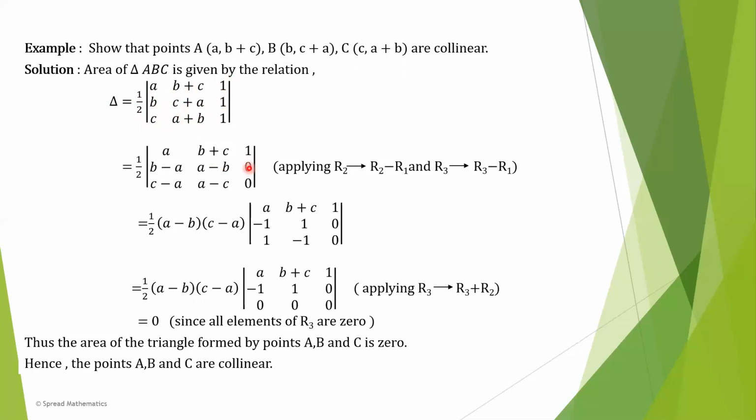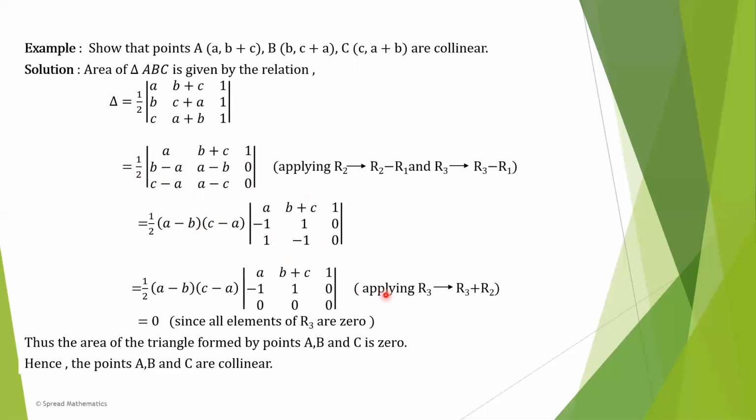Now we are applying the operations. First operation is R2 replaced by R2 minus R1 and R3 replaced by R3 minus R2. So we get zero elements in R2 and R3. Now looking at R2, a minus b is common and in R3, c minus a is common. So we took the common factors and this is our remaining determinant.